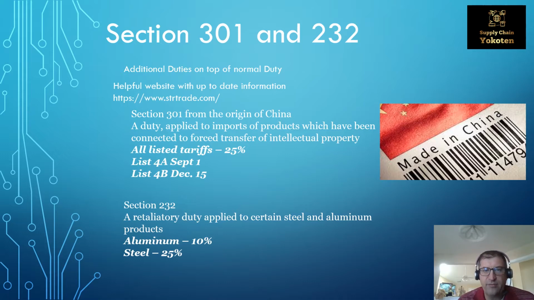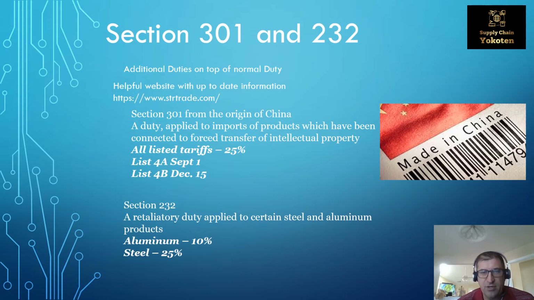Section 301, this is from origin of China. There's a couple different Section 301s, but this one we're mainly talking about from origin of China. This is a duty applied to imports of products which has been connected to enforced transfer of intellectual property. And right now there's five different lists. The first three are tariffs of 25%.